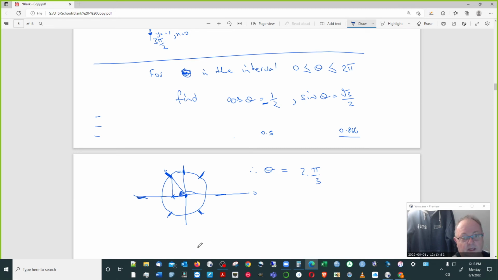Okay, now I want you to grab your calculators, put it into radians. I want you to do cos 2 pi on 3 and then sine 2 pi on 3 in radians. Are they a match?